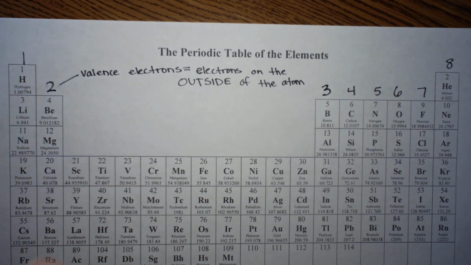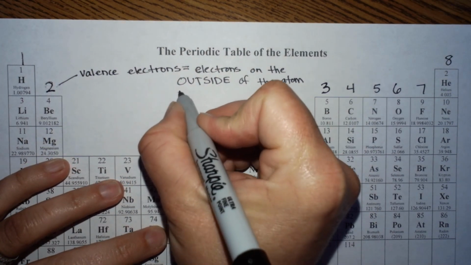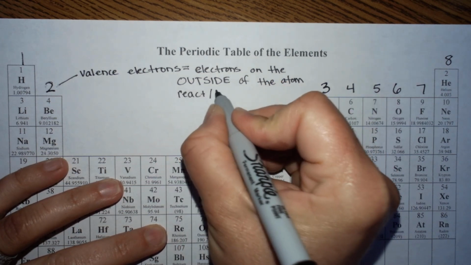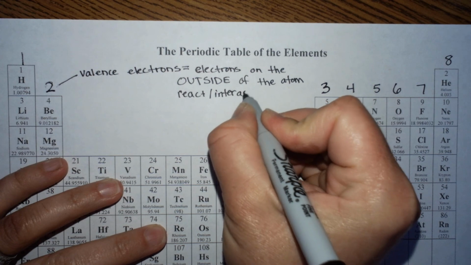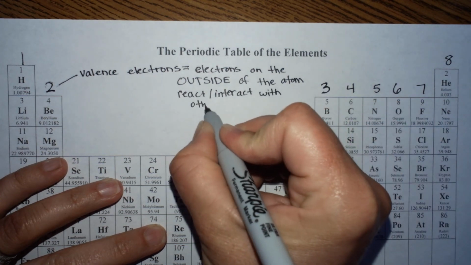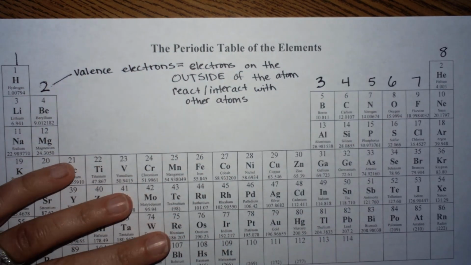Things on the outside are more likely to touch other atoms or to be around other atoms to interact. So these atoms react or interact, however you want to think about it, with other atoms. Okay.